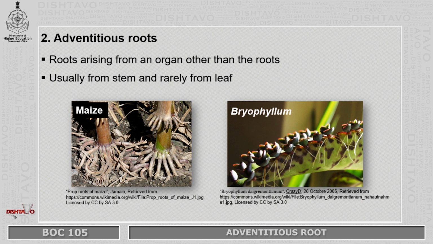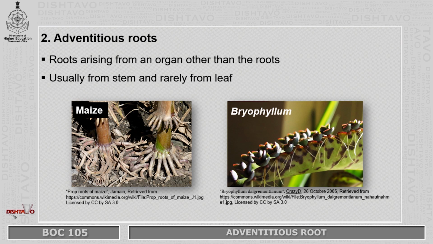First, we will see what are adventitious roots. These are the roots arising from an organ other than roots, or you may say other than the radicle, that is the primary root. Usually they arise from the stem and rarely from the leaf.